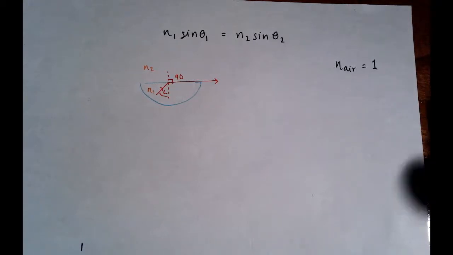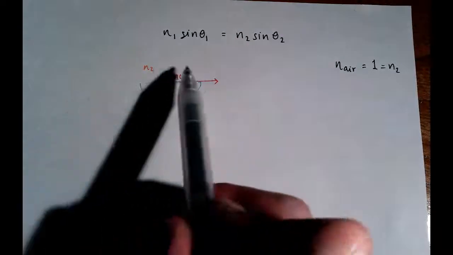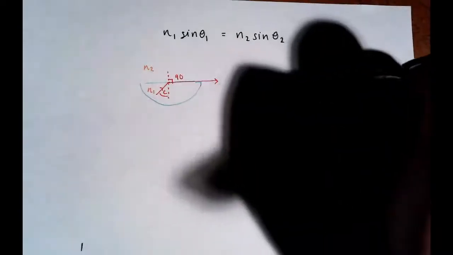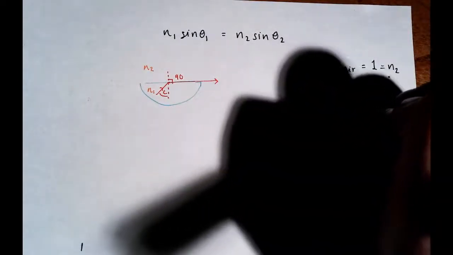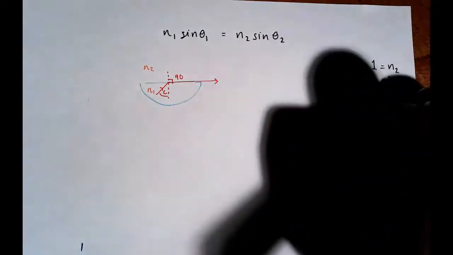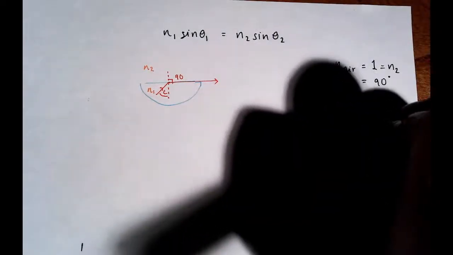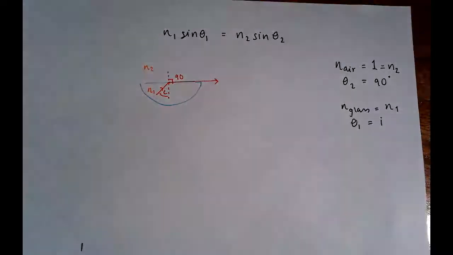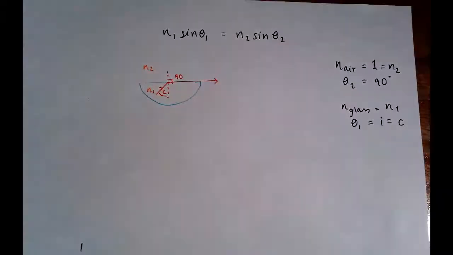Okay, hopefully you can also see that this is n2, and theta 2 is 90 degrees. n glass, in this particular case, is n1, and theta 1 is the incident angle, which in this case is the critical angle C.